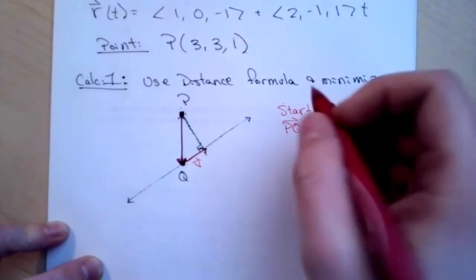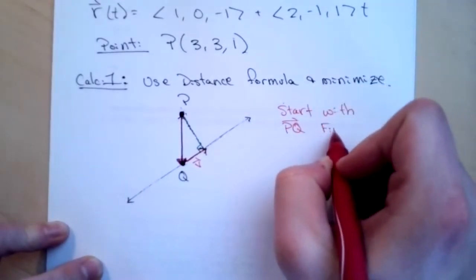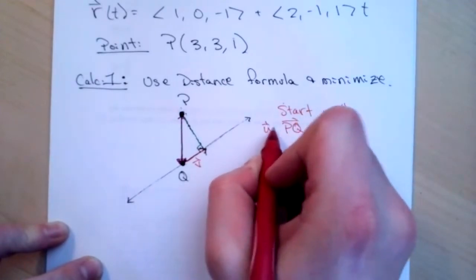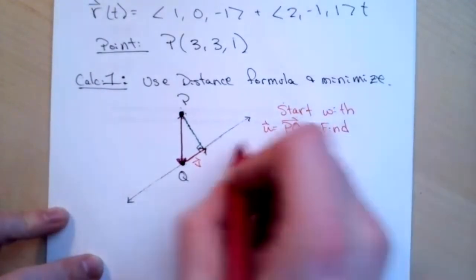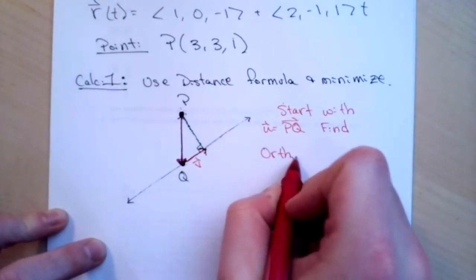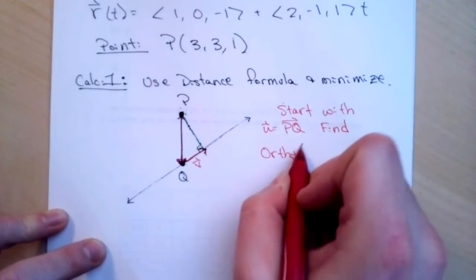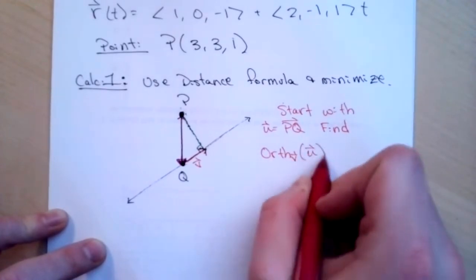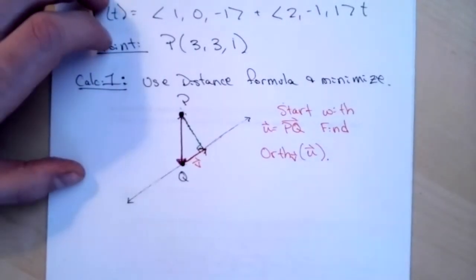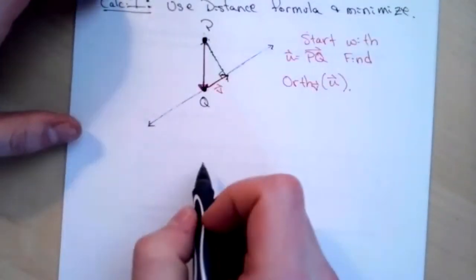Start with PQ, and let's call this U just for simplicity of writing. Then find the orthogonal projection onto V of U. So let's go ahead and do that real quick.